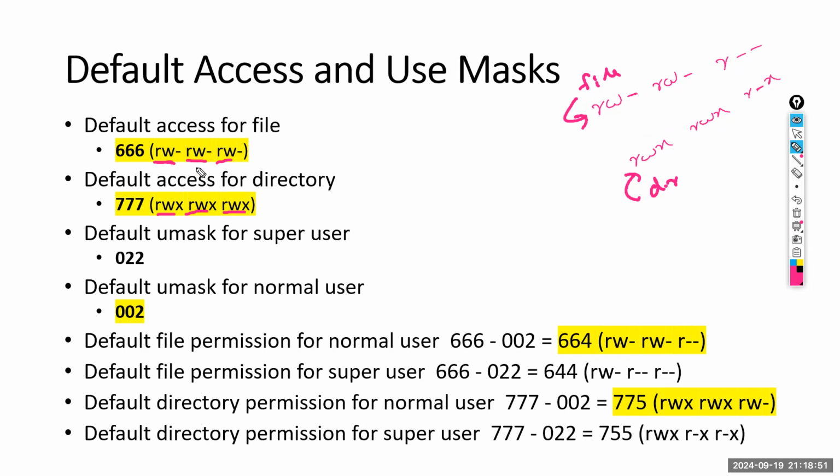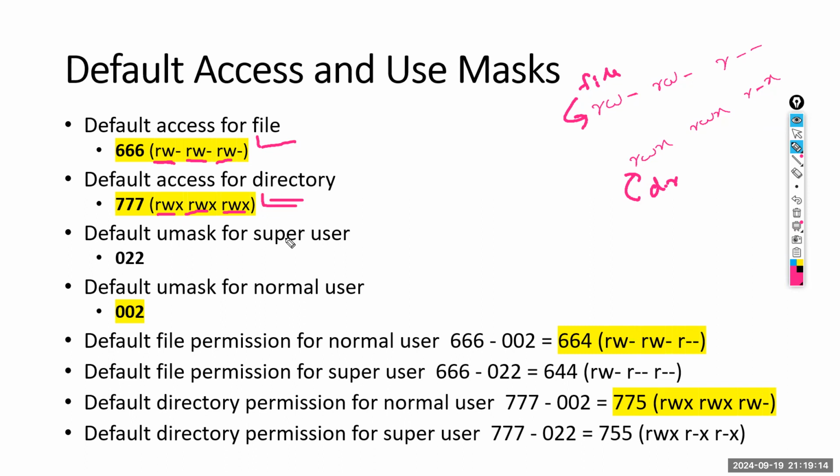If I don't have a user mask and I create a directory, it must be rwx, rwx, rwx. But what I got is rwx, rwx, r-x. So why do my files and folders have different default access?